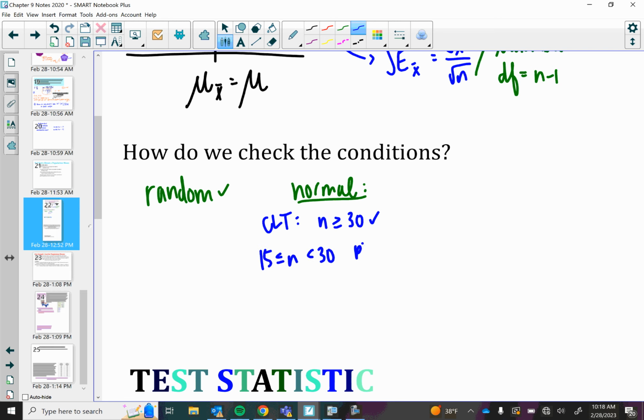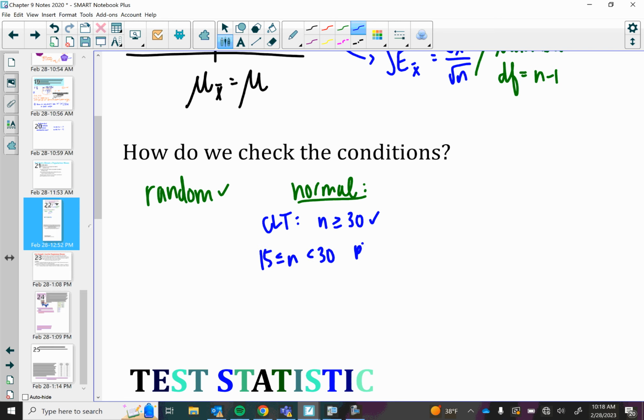We have said before that a test statistic is equal to our statistic minus the parameter over the standard deviation of our statistic. In 9.3, when we're looking at means, our statistic is X bar minus our null hypothesis mean, and we would put it over the standard deviation of the statistic, which we talked about above.